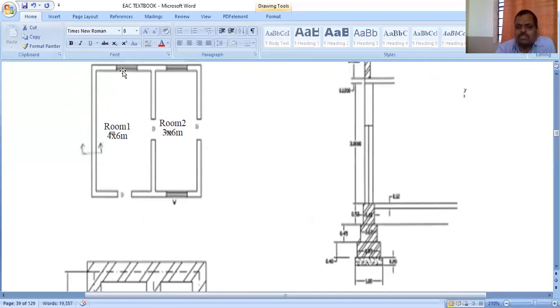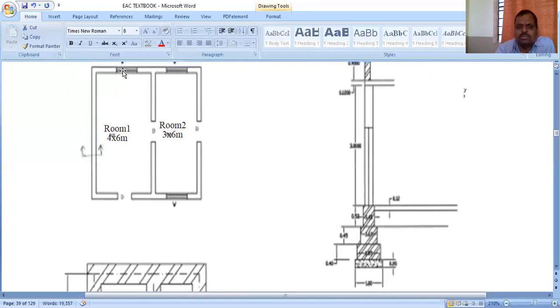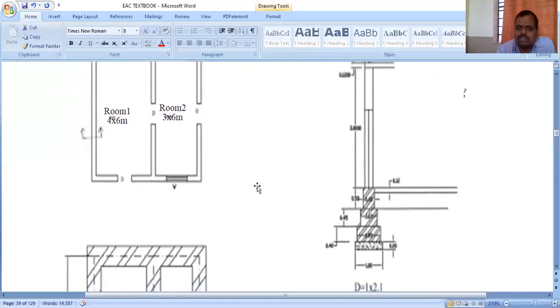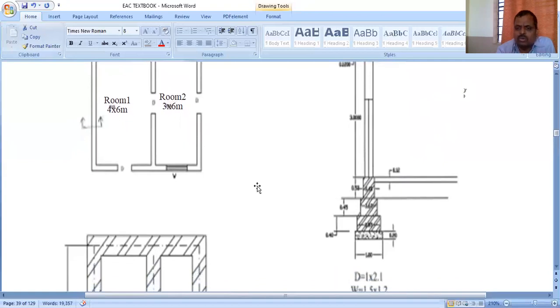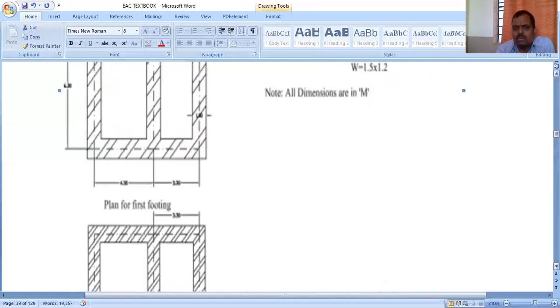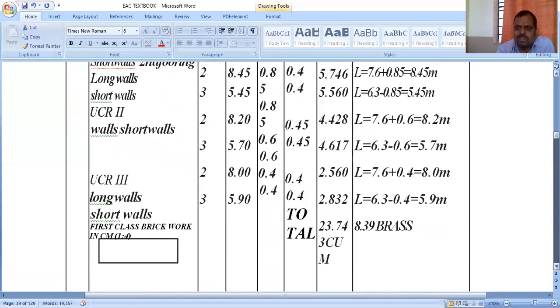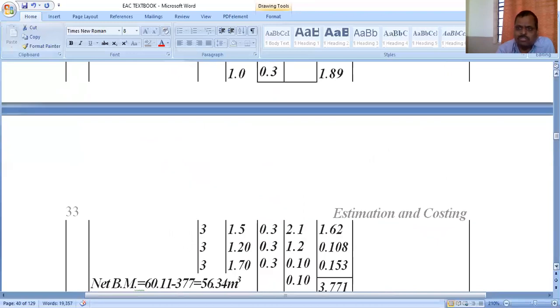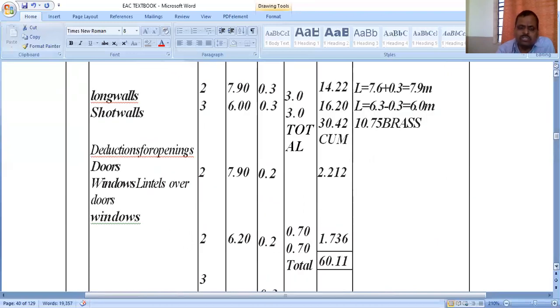The size of the door is 1 into 2.1, whereas the size of the window is 1.5 into 1.2. Now we'll again go to our measurement sheet and find out how much will be the quantity of deductions.